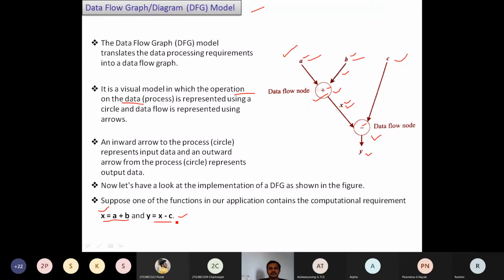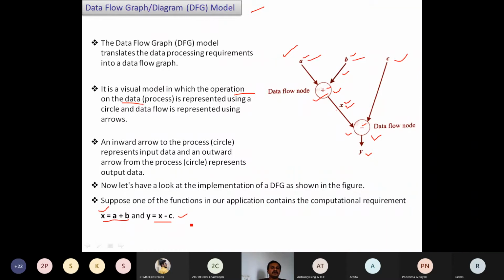Then the second process we need to perform is Y equal to X minus C. So we are going to use X and C as input data to this other process, that is the subtraction process. The subtraction process is another circle. It is labeled with the task it does, which is minus. Then what is the output from this circle?